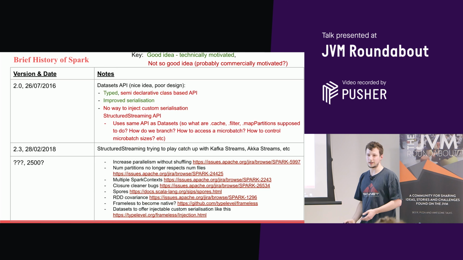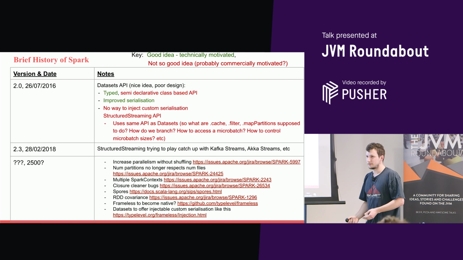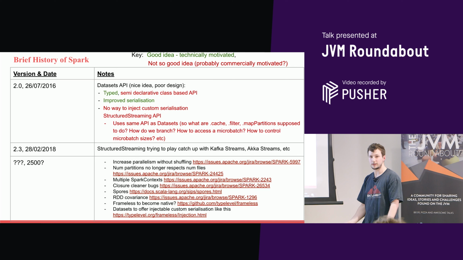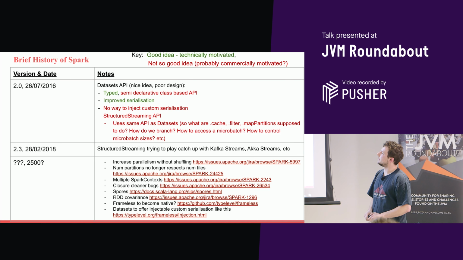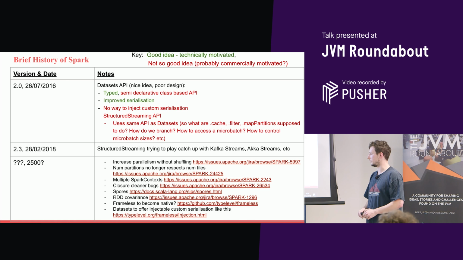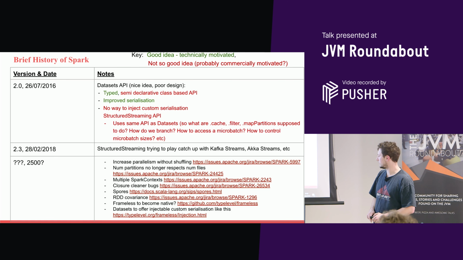It's still quite declarative. For example, a normal map operation is no longer a Datasets thing. You know, MapReduce, you can't even do a map. So that's made the API a bit worse. You also couldn't inject your own custom serialization, which is useful when you're trying to heavily optimize things. Got a couple of minutes left.